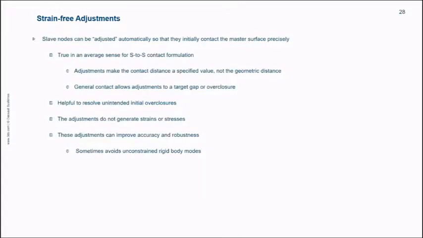All right, so strain-free adjustments. That's exactly what it sounds like. You just move the nodes to eliminate the gaps or the interferences or whatever is funny about the initial contact state. So you can find out the initial contact state again by doing the data checks and looking at the value of COPEN.